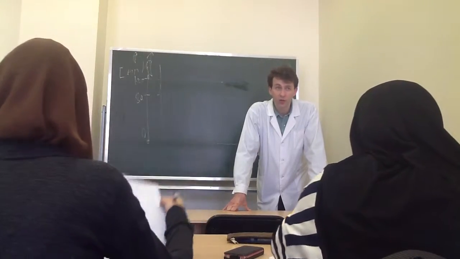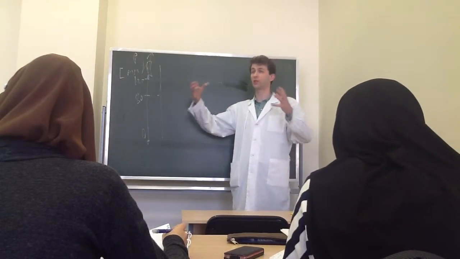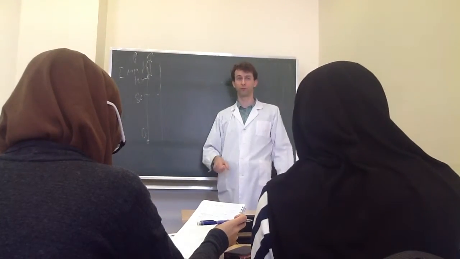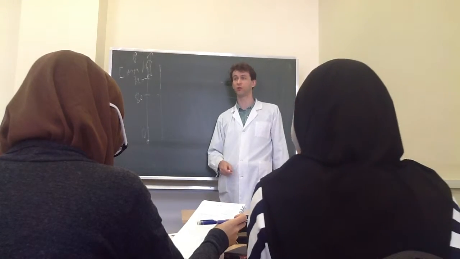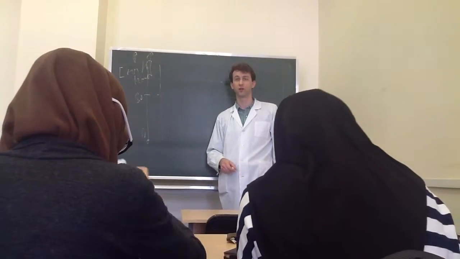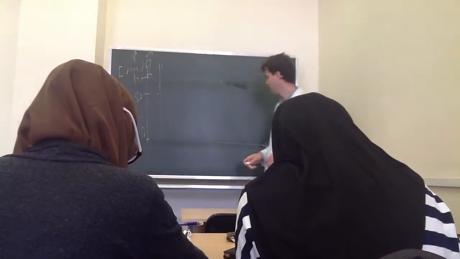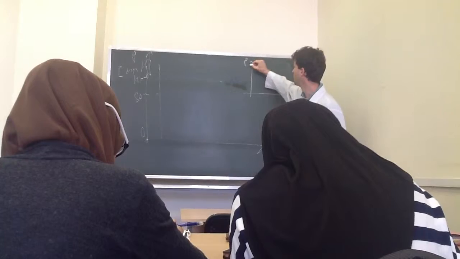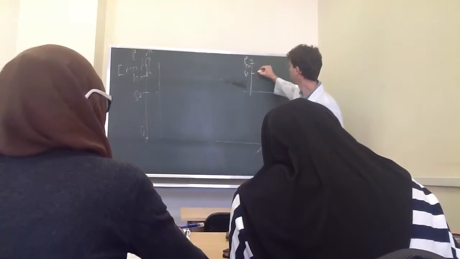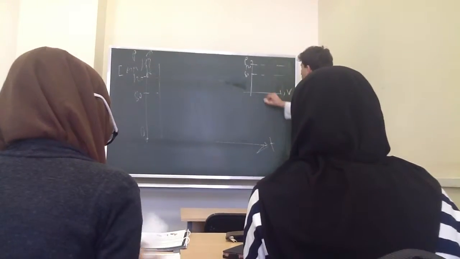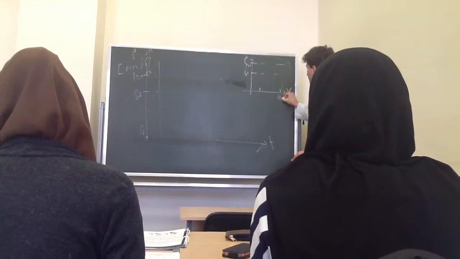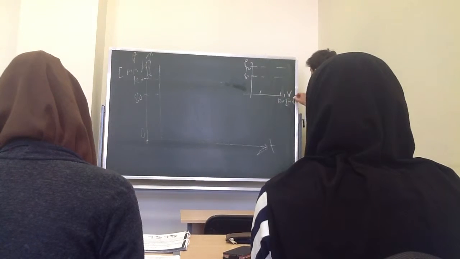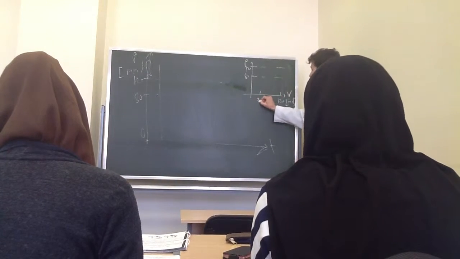Before they start the contraction, they contain a large amount of blood, because they have some portion of blood which they should push into the arteries, into the aorta. And on the pressure volume curve, here is the volume, here is the pressure. 120, 80. On the volume axis, we have two values: 120 milliliters and 70 milliliters.